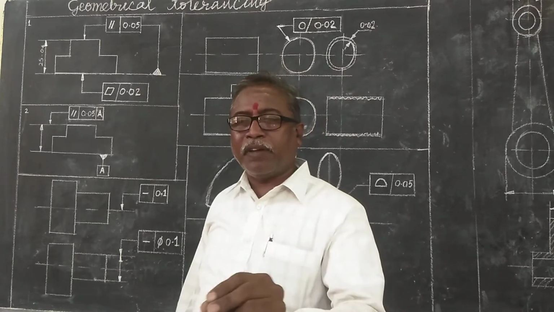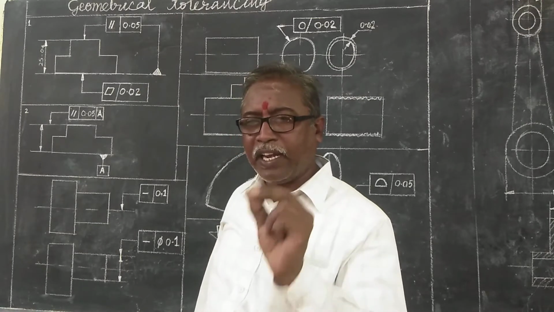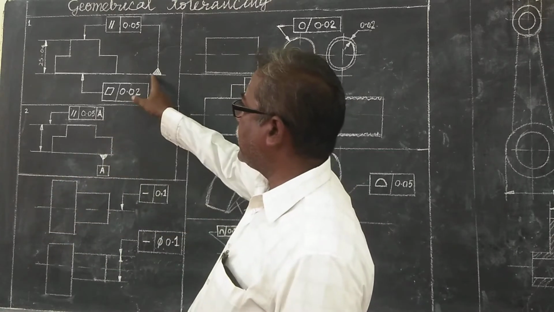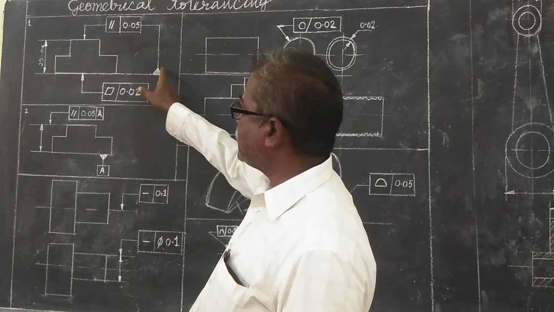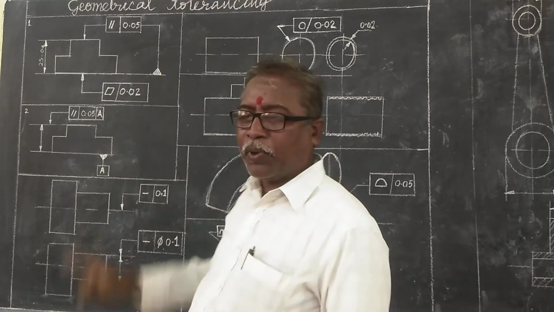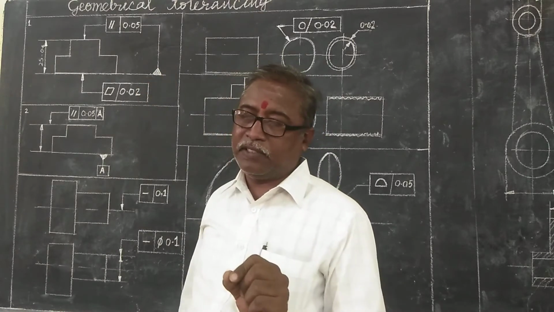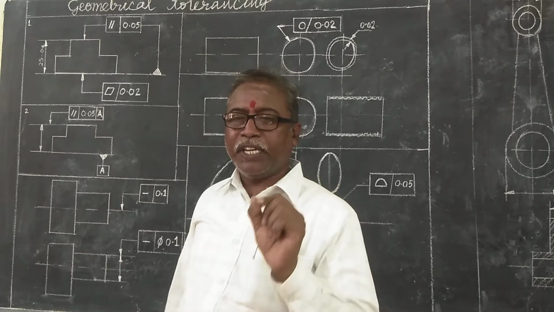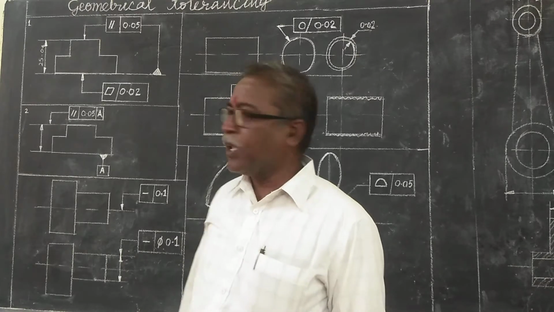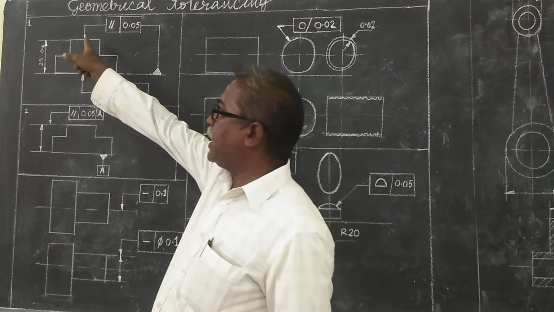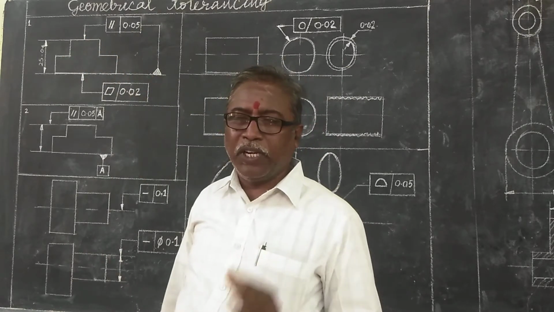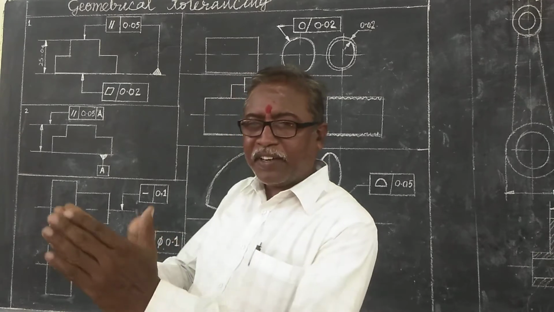What is the name of the triangle? It is an equilateral triangle. For this equilateral triangle symbol, the maximum height is 4.5, not more than that. Whenever you are showing the geometrical tolerance, there will be a leader line on one side and a leader line on the other, two leader lines beside the blocks.